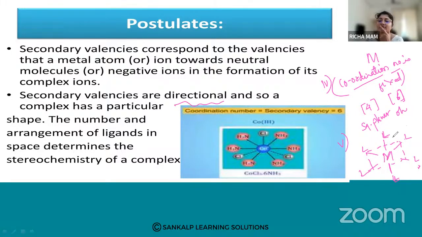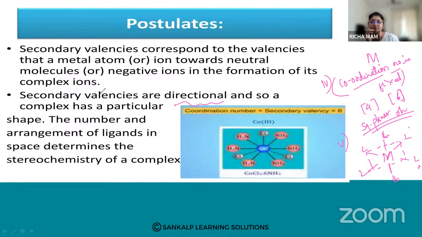Directional means they have a proper spatial arrangement, and because of this they give proper geometry to the complex, while the primary valencies are non-directional. So this is Werner's theory, or Werner's postulates.